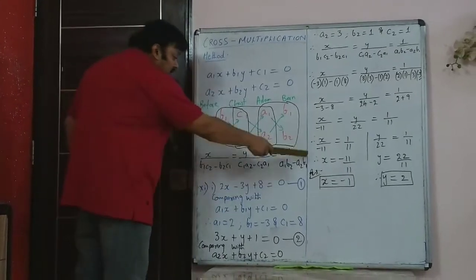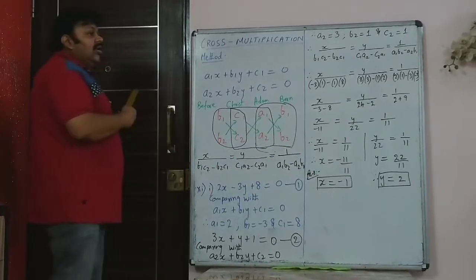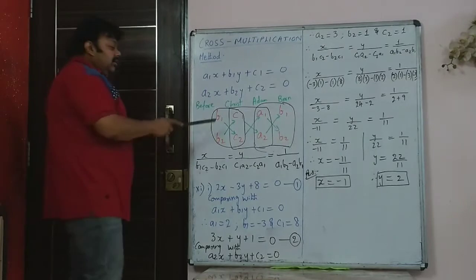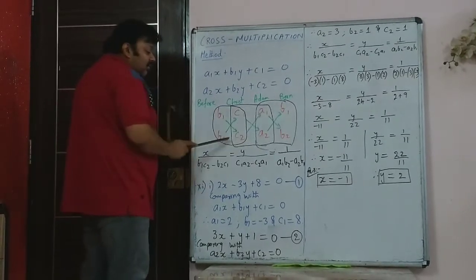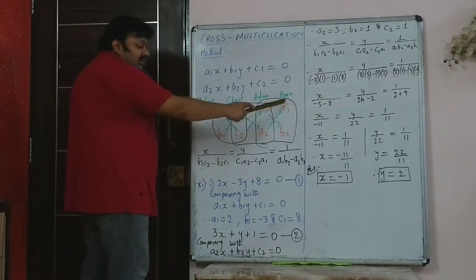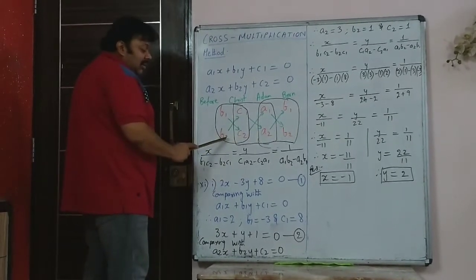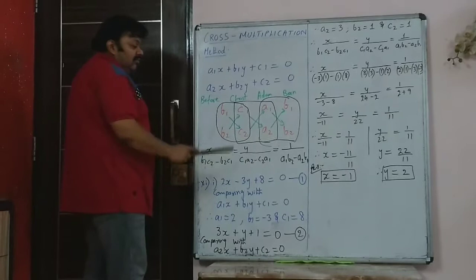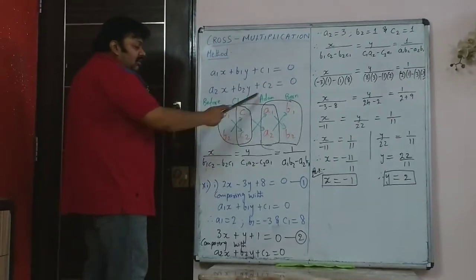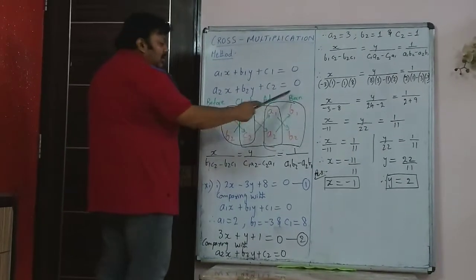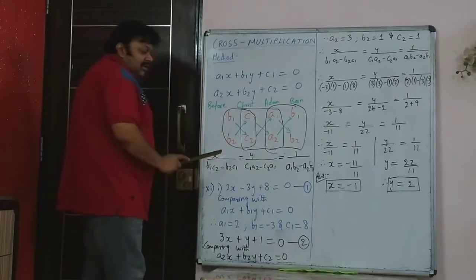Either you memorize this formula, or use the easy way to remember it: Before Christ, Adam Born. On the first line you write B1, C1, A1, B1. On the second line you write B2, C2, A2, B2. Then you pair the first two, second and third, and third and fourth terms.